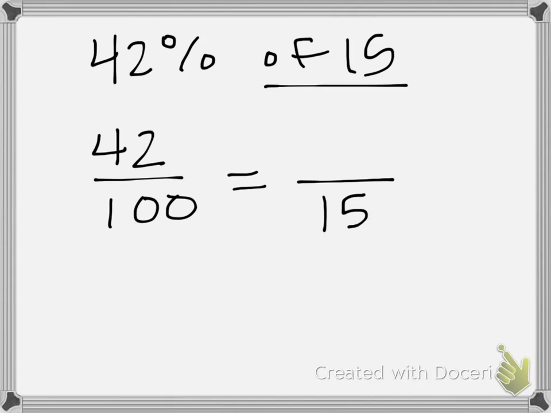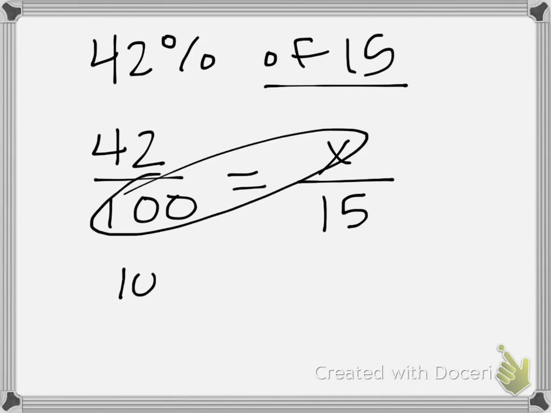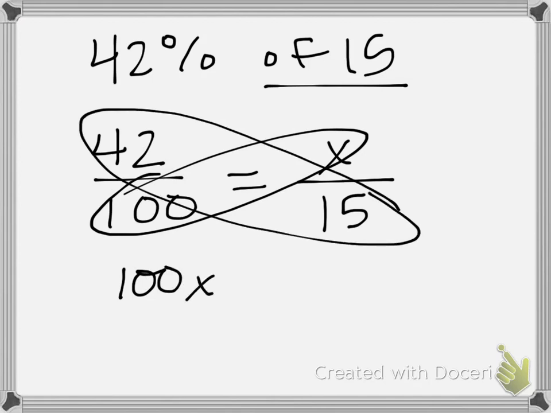So it's saying of 15, so that means it's going to be the whole, it's going to be on the bottom. So what we're going to do is put an x on top, or really any variable, and then we're going to start cross multiplying. So 100 times x gives us 100x, and 42 times 15, 630.